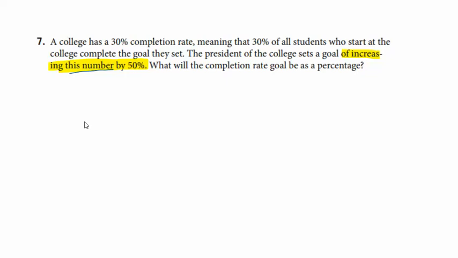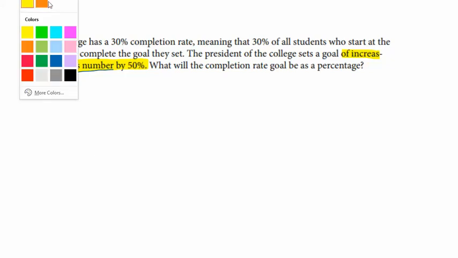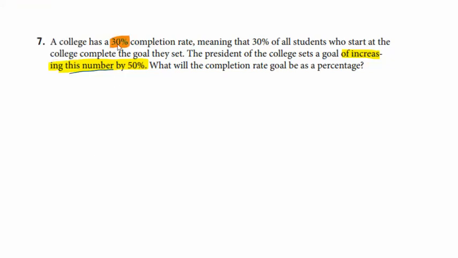Well, I'm going to guess it's the only number in this problem, which is this 30% right here. So it kind of helps when you're looking at percents that you're actually going to increase by a certain percent to maybe just change it to the word percent.